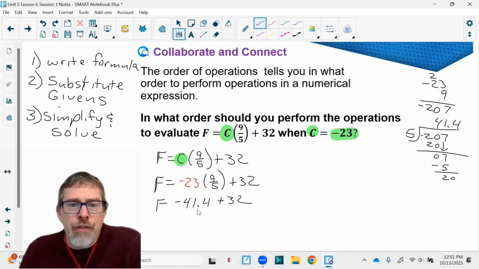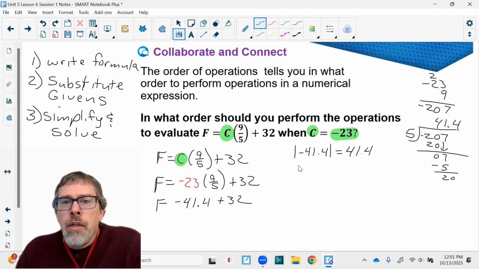So it's negative 41.4 plus 32. In order to find that, we take the absolute value of negative 41.4, which is 41.4. We take the absolute value of 32, which is 32, and the signs are different, so we subtract, and we get 4 minus 0 is 4.